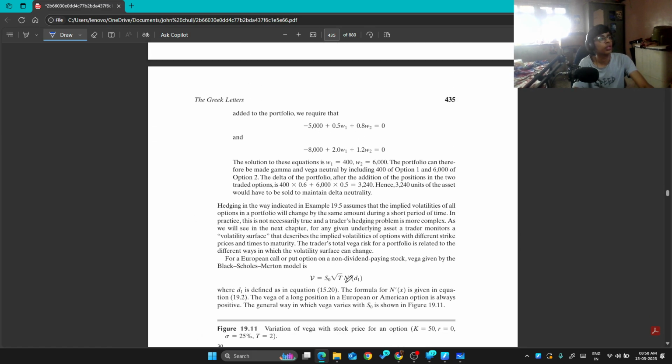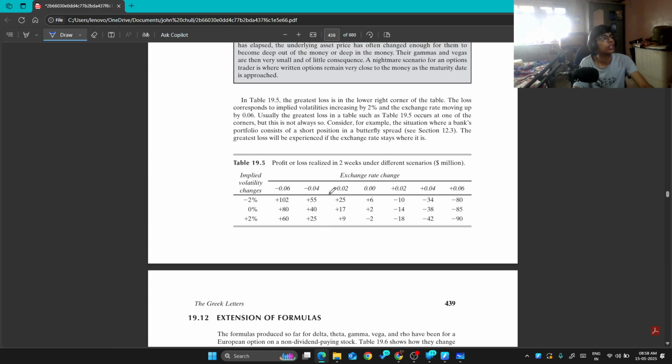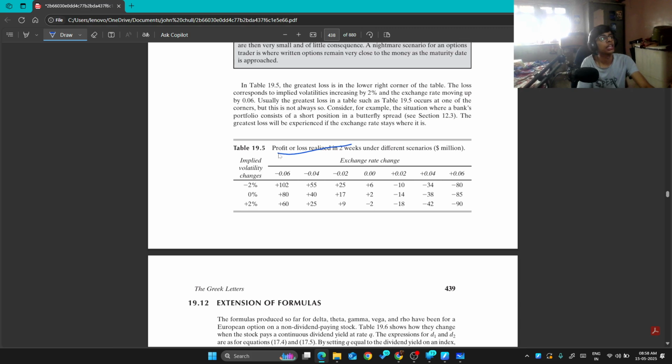For example, you can see here scenario analysis, profit and loss realized under different scenarios in millions. If the exchange rate, it is currency, goes from minus 0.6 to plus 0.6, how does it change?